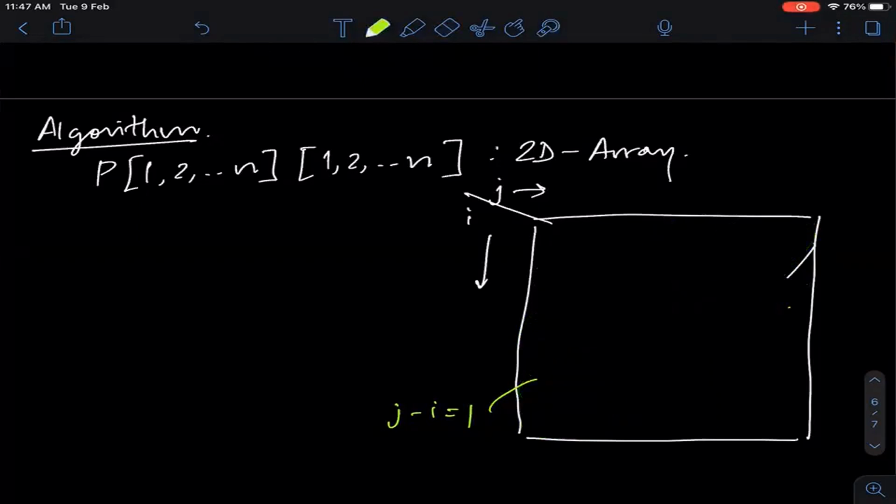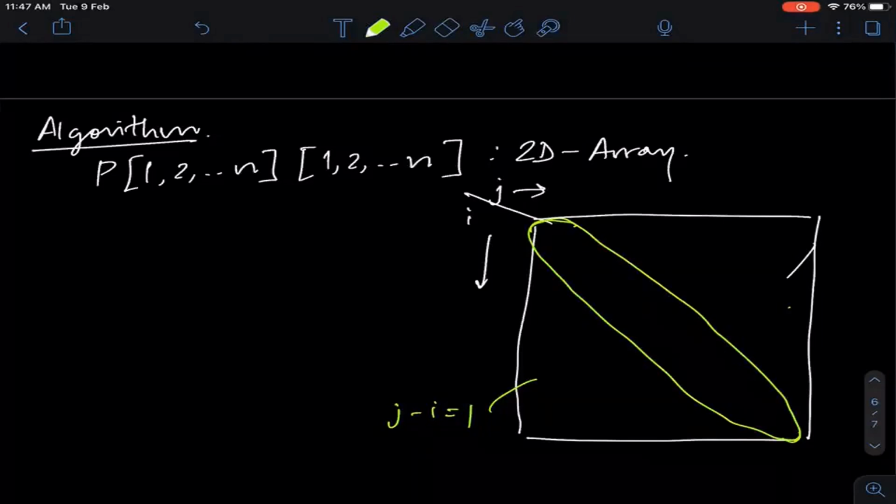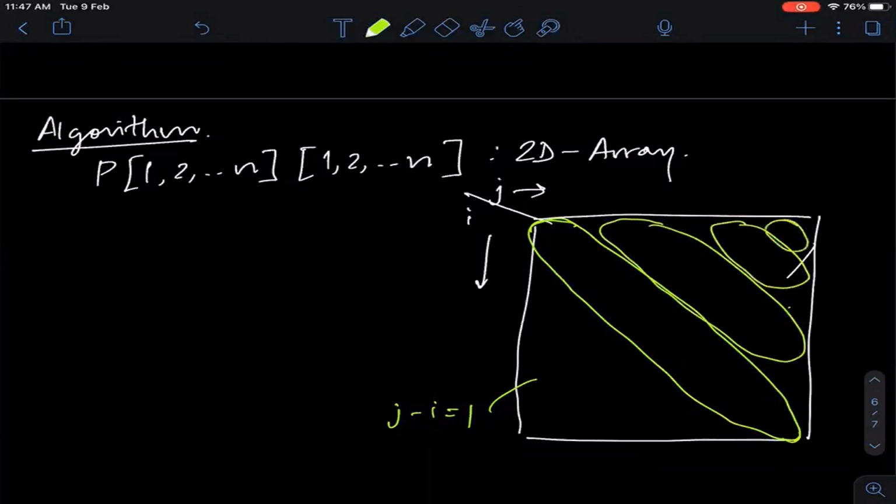Good. So sorry, I should fill this one. Yes, absolutely correct. So this is going to be the base case. And now I should go towards what? Northeast or southwest? Northeast. So I'm going to fill up this way. That's absolutely correct. Sorry, my bad.